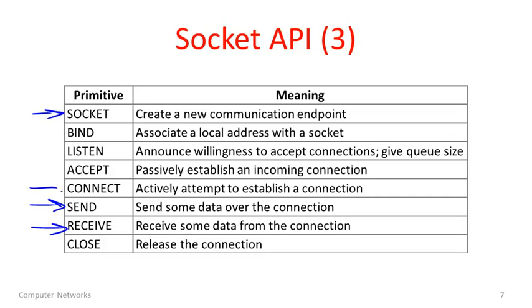So the connect call here is used by one side to establish a connection to another side. These three calls above it, bind, listen and accept, these are calls that are used on the incoming side to get ready and to accept an incoming call. And finally, the last call in this table is the close call. Well, that's what you use to release a connection and hang up, if you like, when both sides are finished.